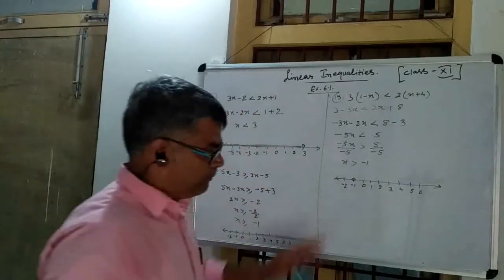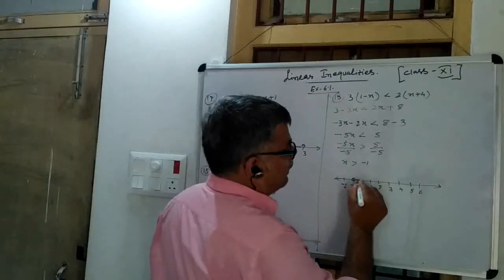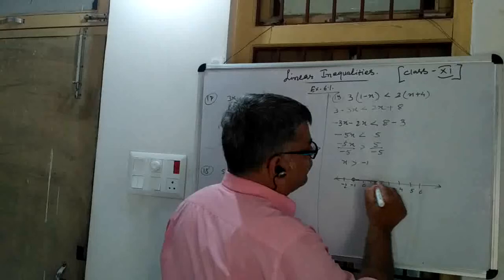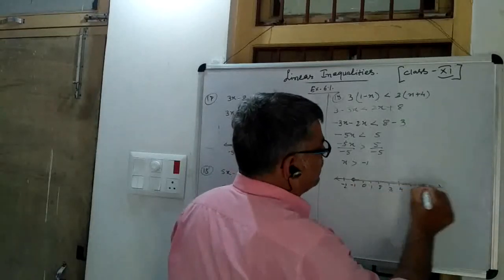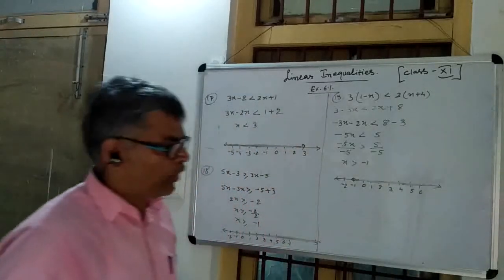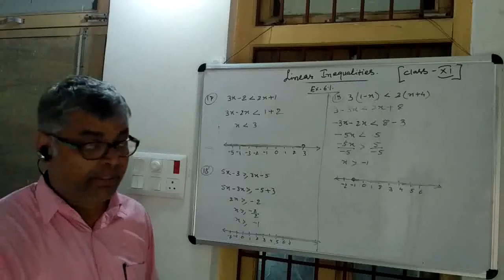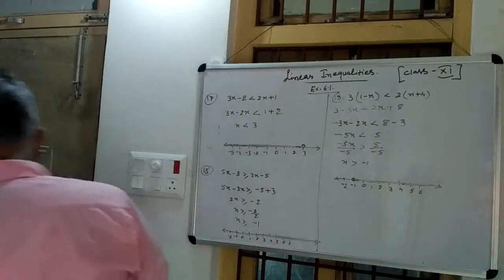So make a circle at minus 1 and darken the line toward the numbers greater than minus 1. So this is the solution of this inequality shown graphically on the number line. In this way you can solve this type of question.